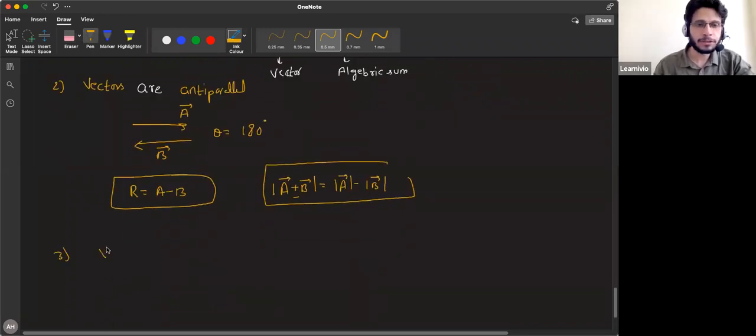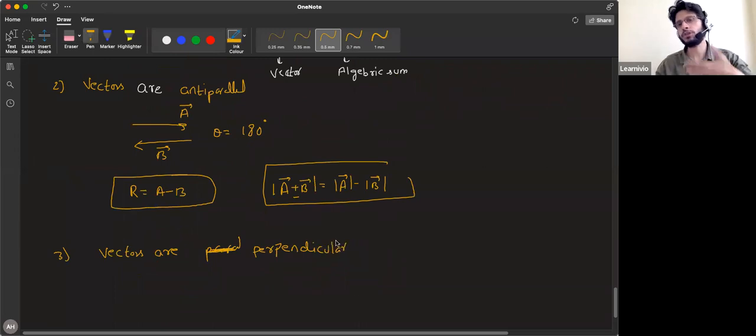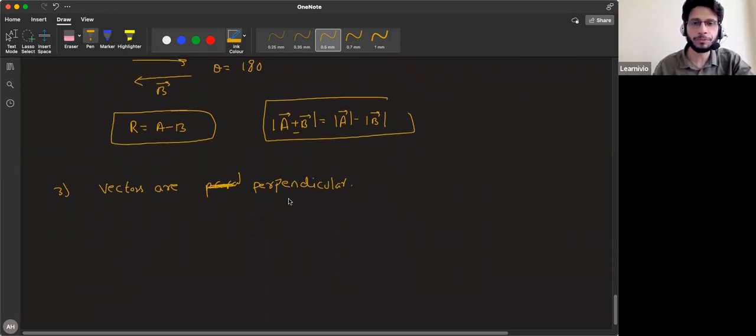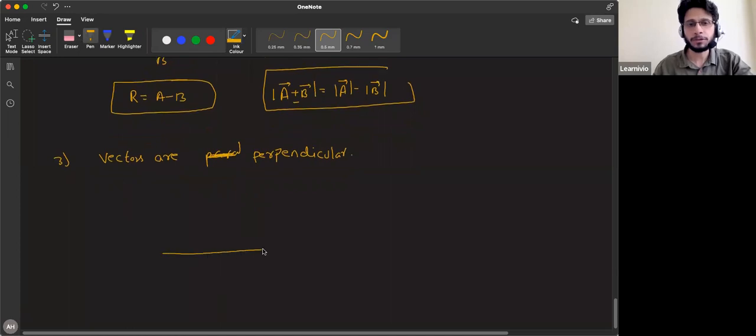The third is if vectors are perpendicular. This is the case that you will be using several times. This vector topic is important for your electrostatics also. The type of questions that you get in electrostatics will use all these concepts and some portion of laws of motion also.